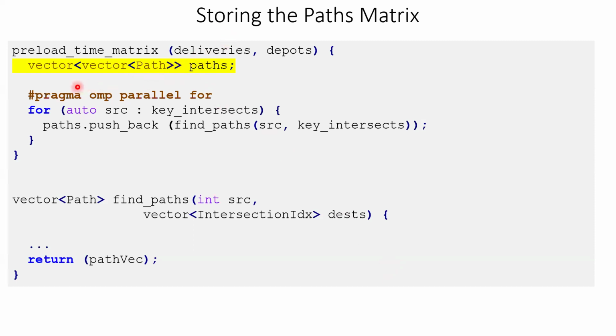We make it a vector of vectors of paths. So this is a matrix, or an array. And we're pushing back the result from find paths into the paths matrix.